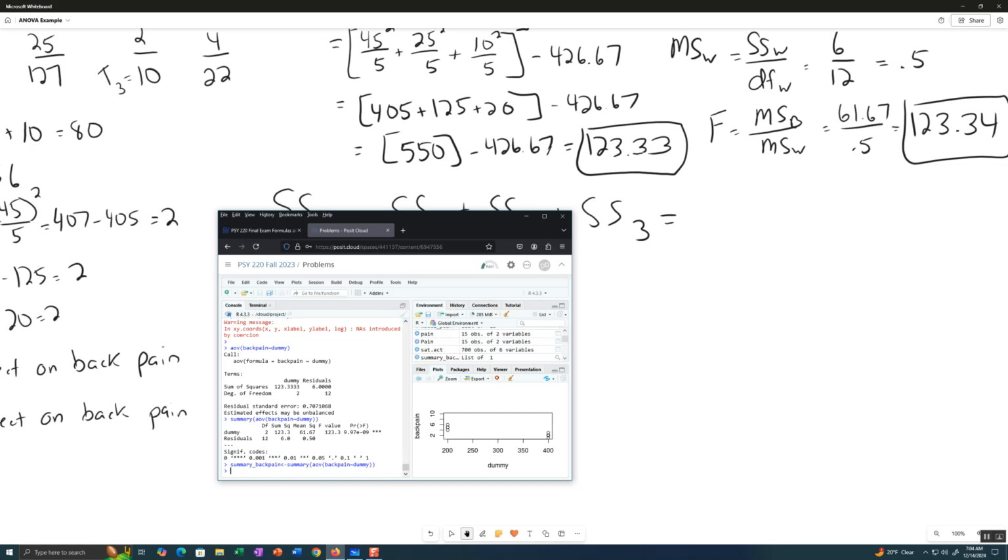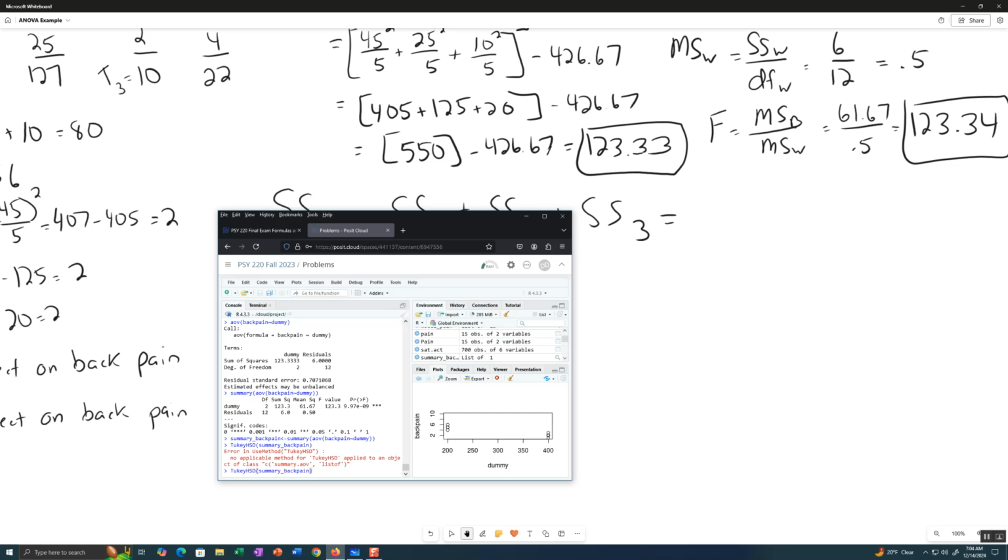Okay, so I have summary back pain, and I have to do this to look for Tukey. Oh, it doesn't want me to do that. That's okay. I can do it this way too. Oh, doesn't want me to do it that way either.